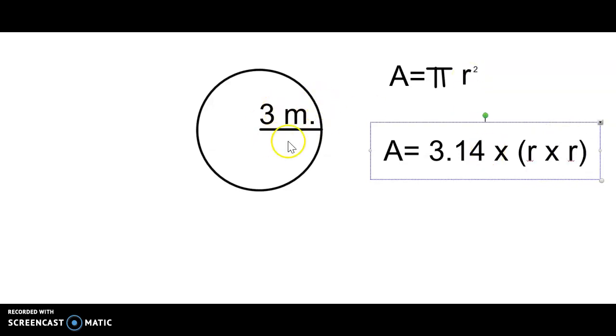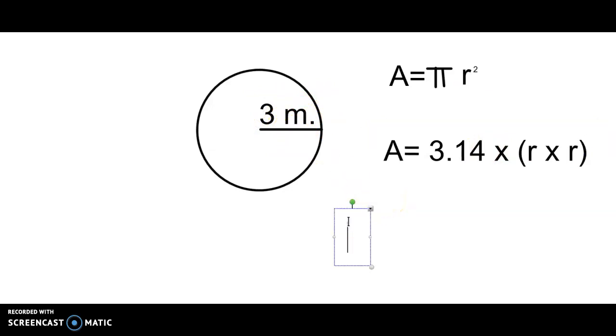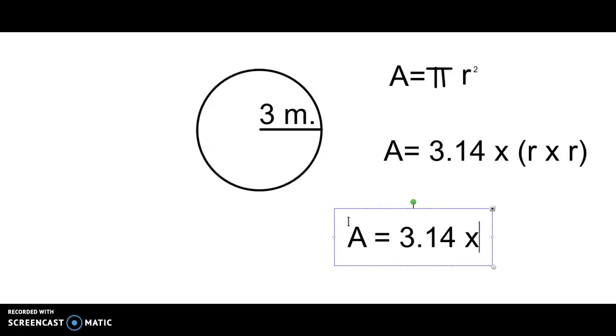All right, now how does that apply to this problem? So we're going to say area equals 3.14 times, what is 3 times 3? Radius is 3 times 3.